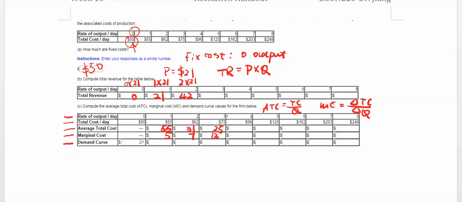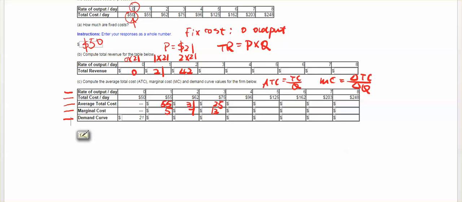No matter what calculation you do, the demand curve value here is 21. Remember, this is a competitive market, so the demand curve facing each competitive firm is a horizontal one, which is like this.